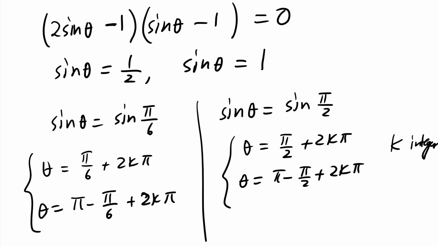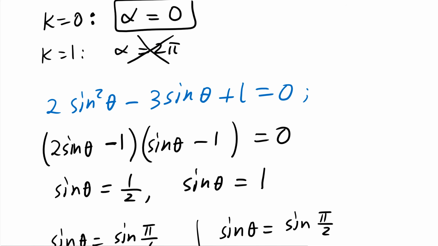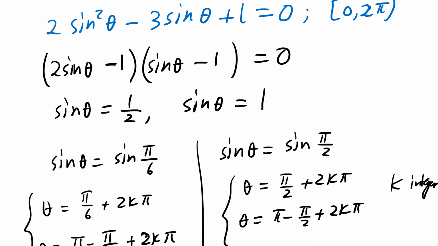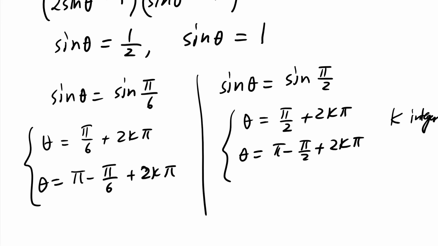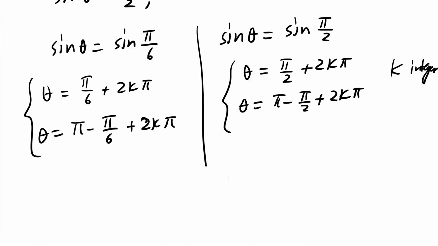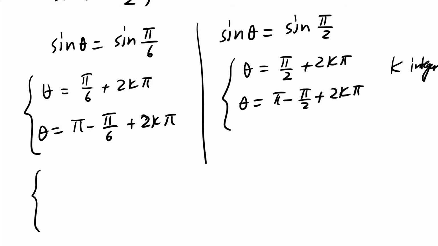So let me step back to the equation here. Say we are solving over 0 to 2 pi. So let's see what we get. Theta is pi over 6 plus 2k pi, or theta equals 5 pi over 6.